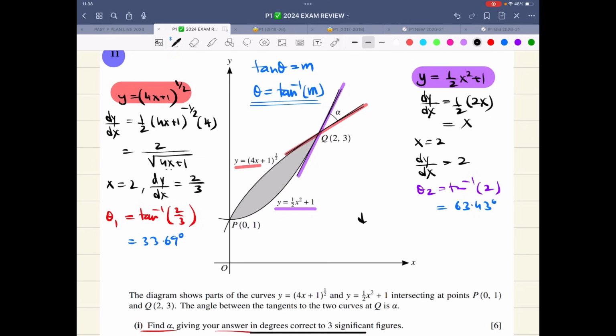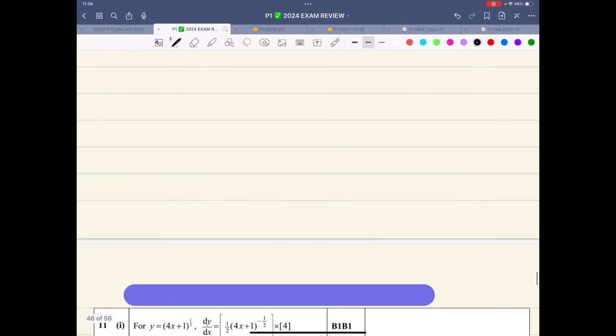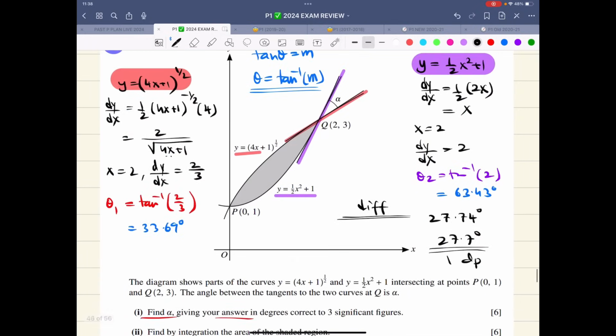So the difference is the answer because both slopes are positive. 63.43 minus 33.69 comes out to be 29.74, which is 29.7 degrees correct to 1 dp. No harm in double checking. So this is 29.7, my bad, I wrote it down wrong. I did the calculation right, but in a hurry I wrote it down wrong.